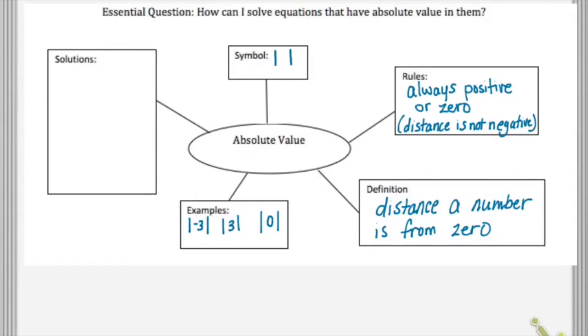When you're solving equations and looking at solutions, you could have the absolute value of something equal to a positive real number. That would mean you have two possibilities: a negative number and a positive number.